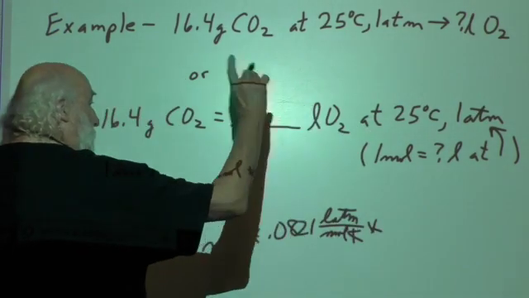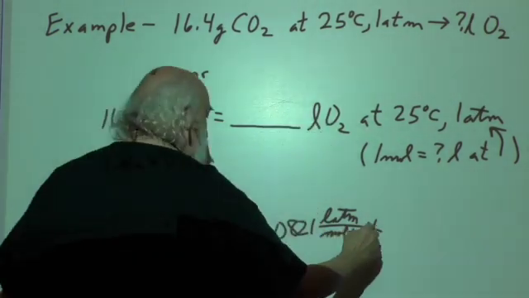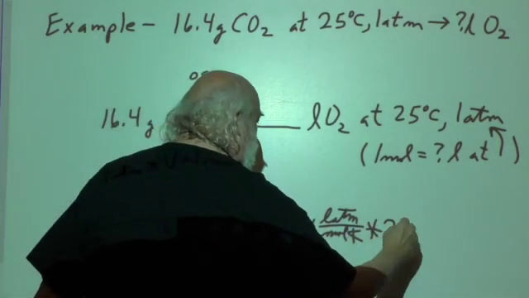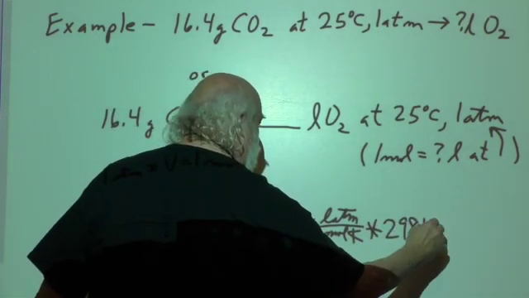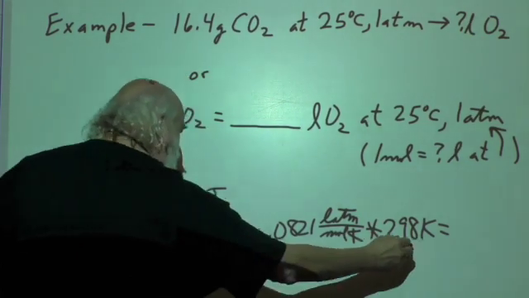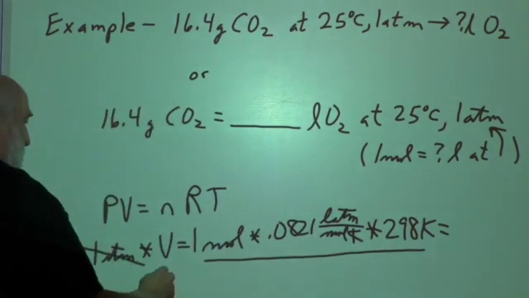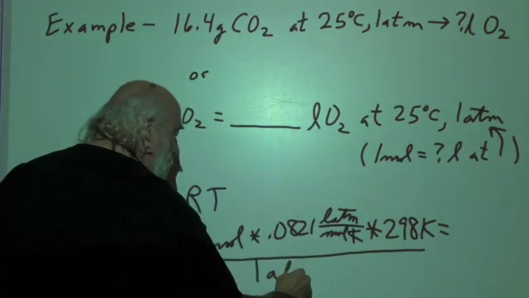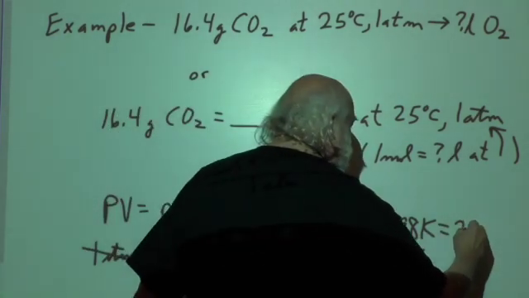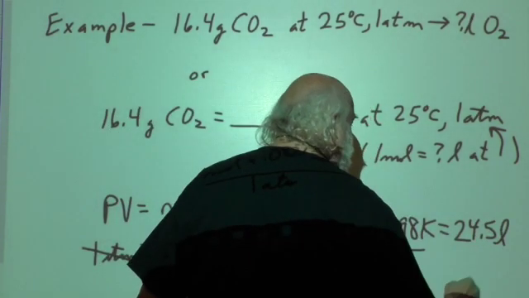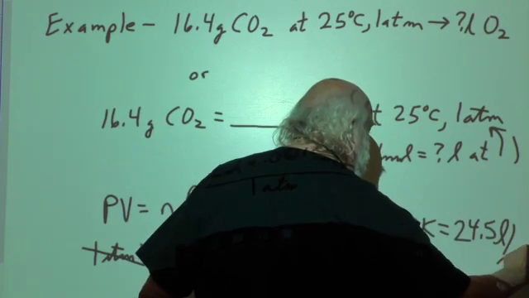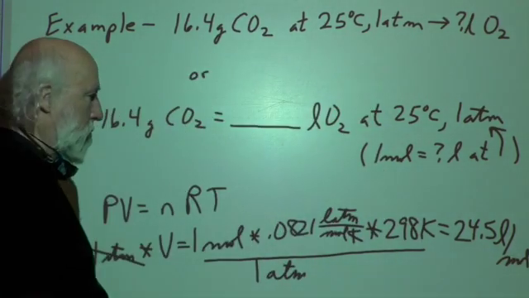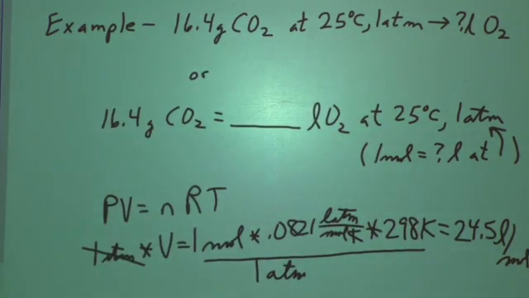And then the temperature is 25 degrees Celsius, which makes that 298 K. And then I divide by the 1 atmosphere, and I get 24.5 liters per mole at 1 atmosphere, 25 degrees Celsius.